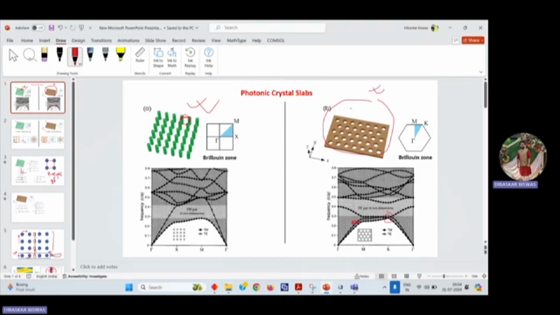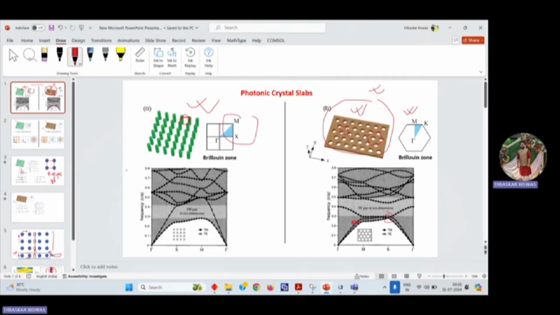For this kind of slab structure, the unit cell is a rhombus, or it can also be a hexagon. For a rhombus or hexagonal lattice, the Brillouin zone is a hexagon, and this is the irreducible Brillouin zone Γ-M-K, and here this is Γ-X-M.